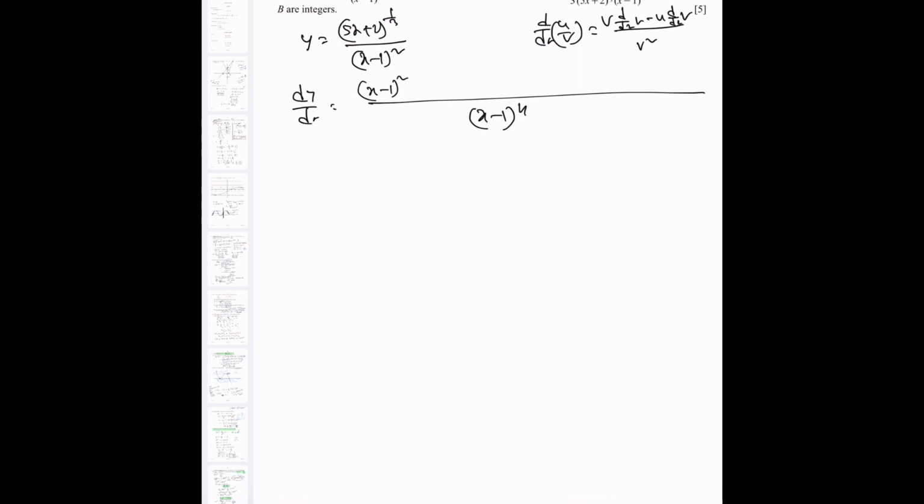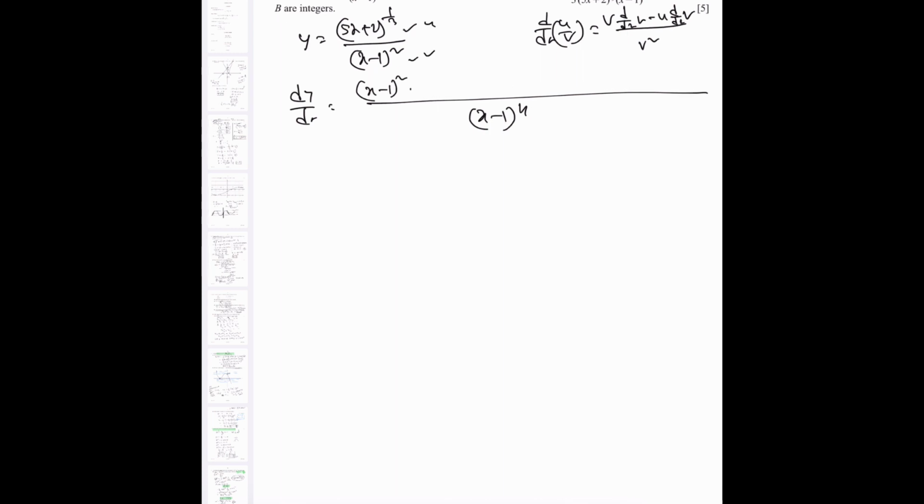Okay, so if y equals (5x plus 2) to the power 1 by 3 divided by (x minus 1) squared. So dy/dx equals: down will be (x minus 1) squared, then power 2 again, so this will be (x minus 1) to the power 4. The upper one is u and the down one is v.